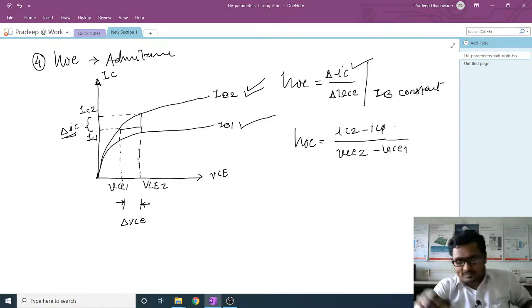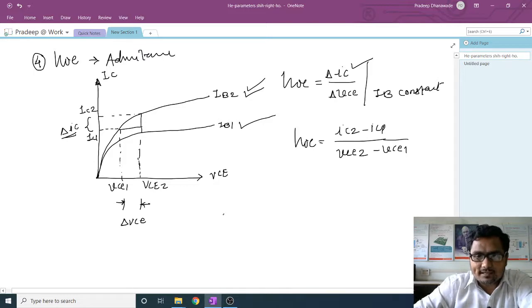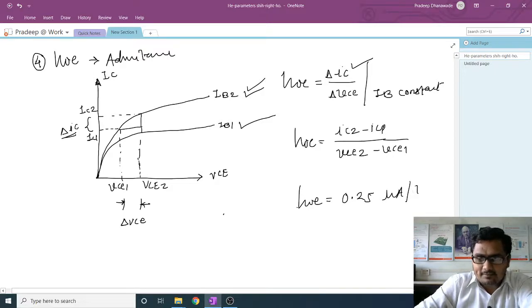As with HRE, HFE and HIE, this HOE parameter also has a typical value. So what is the typical value of HOE? HOE is an admittance. If it is an admittance, then what must be the unit? MHO. MHO means ampere per volt. It is in microamperes per volt. It means 0.25 multiplied by 10 raised to minus 6 ampere per volt.